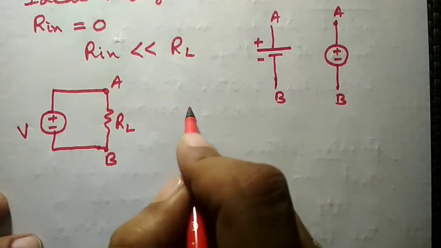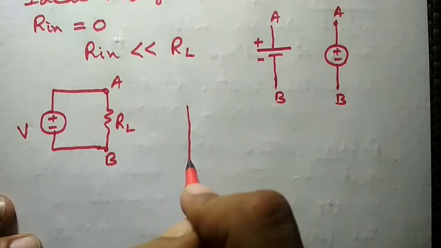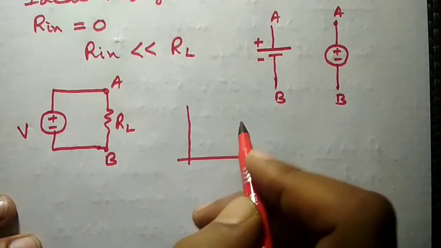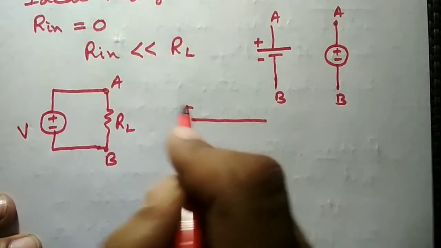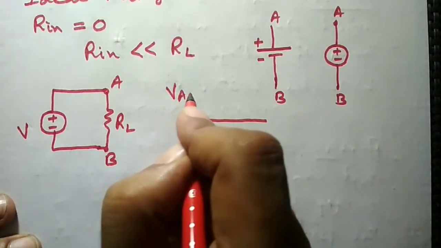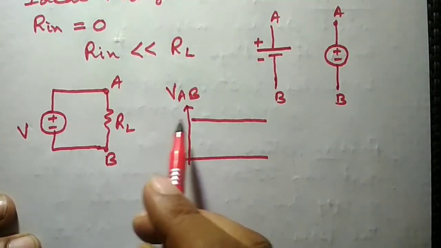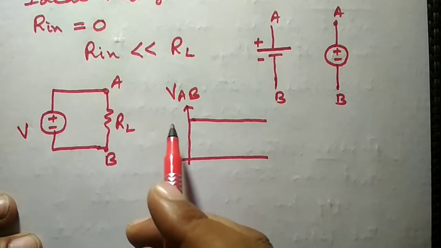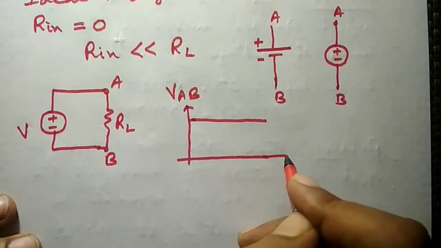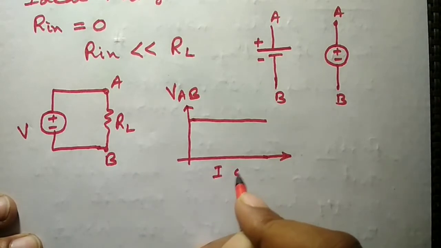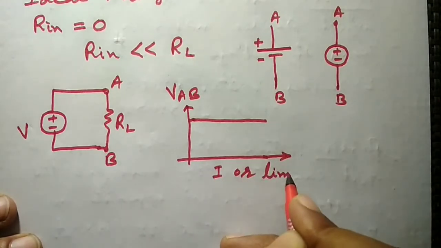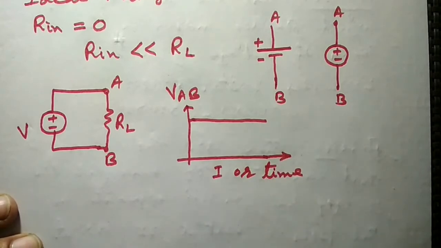So the voltage across the load will be constant, where VAB is the voltage across the load, and it will be constant with respect to current or time. So this is considered as the ideal voltage source.